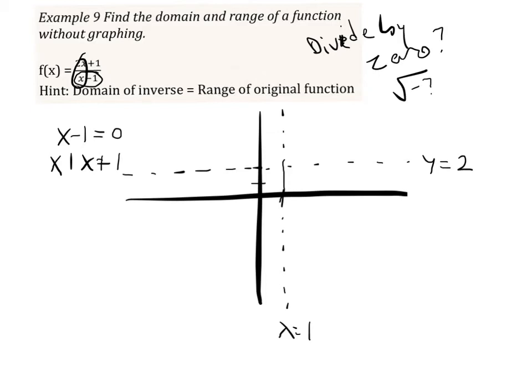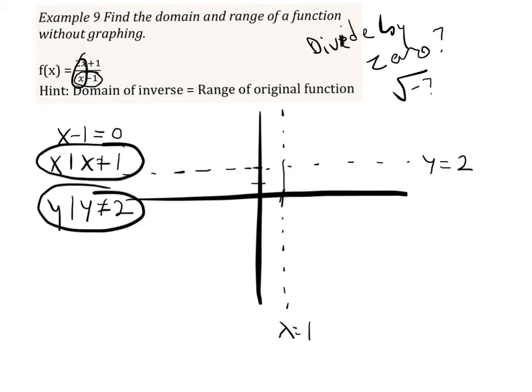So I know that my range is going to be y provided that y can't equal 2. So if this is the domain of my original function and this is the range of my original function, then to get the domain of f inverse, I just switch. So I'm going to have x provided that x doesn't equal 2, and my range of f inverse is just going to be y provided that y doesn't equal 1.